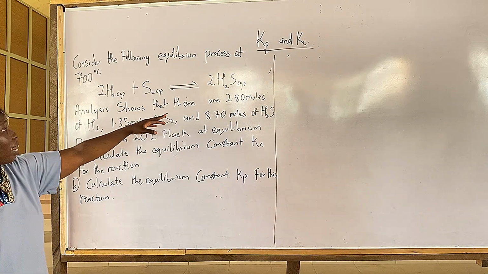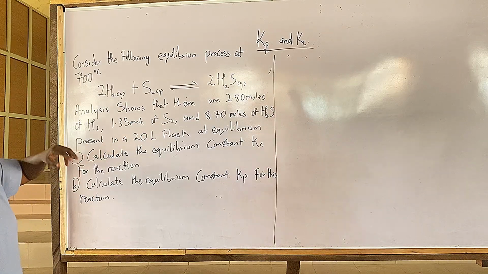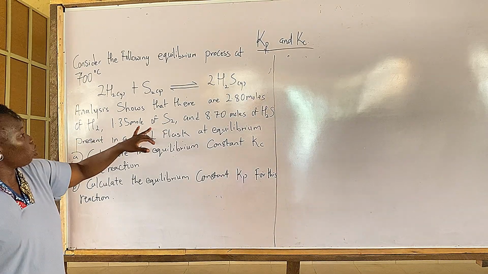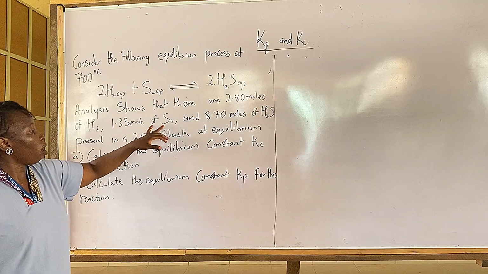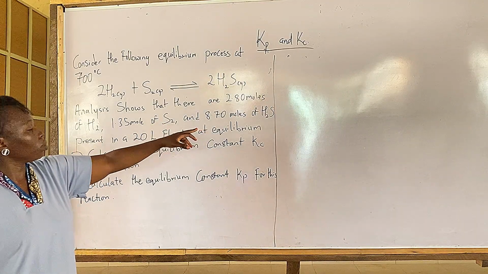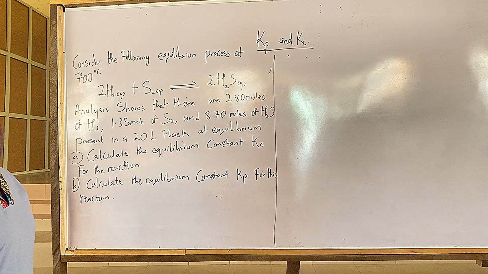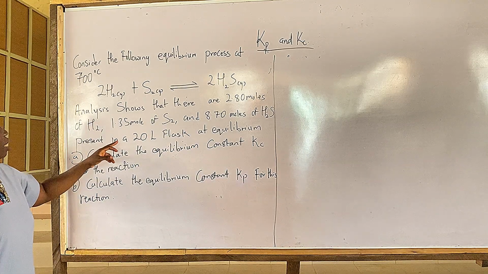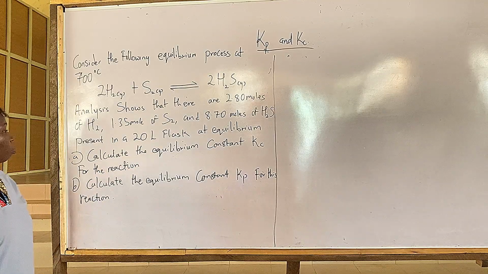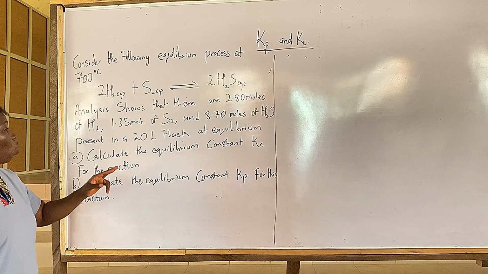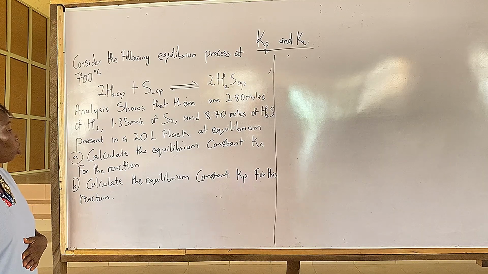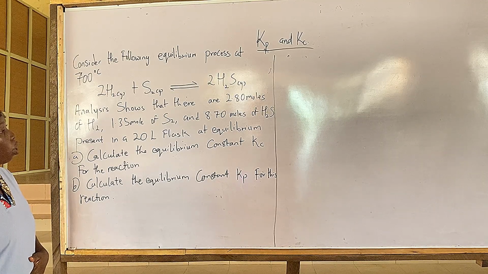Analysis shows that there are 2.8 moles of hydrogen gas, 1.35 moles of sulfur gas, and 8.70 moles of H2S present in a 20-liter flask at equilibrium. Calculate the equilibrium constant Kc for this reaction. So what will be the equilibrium constant?